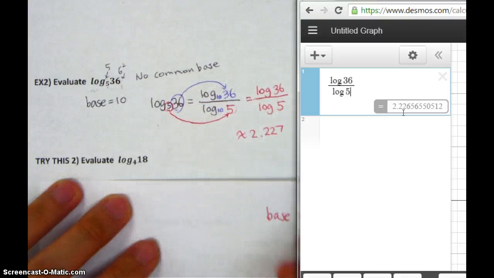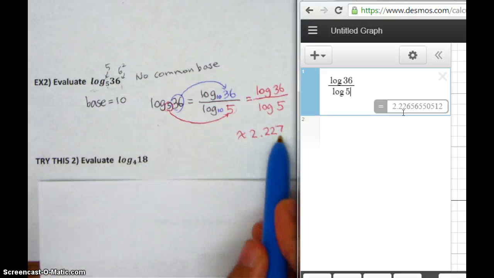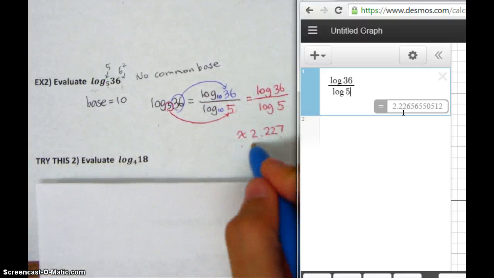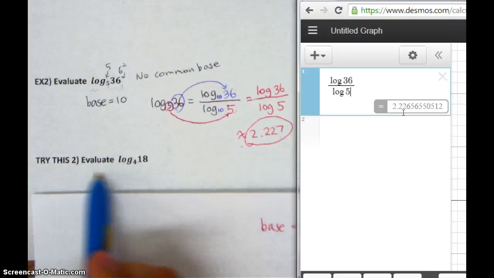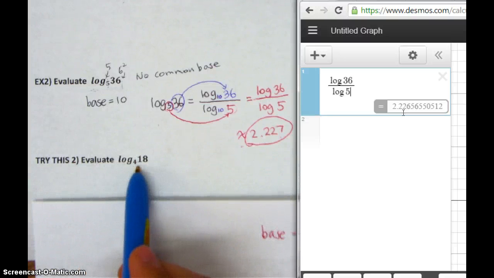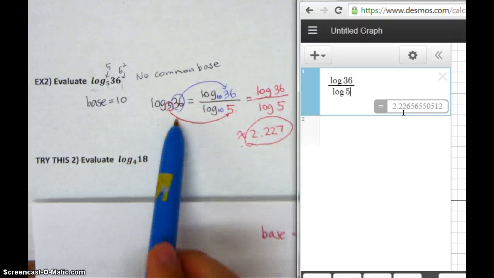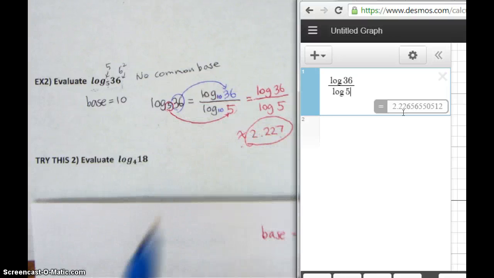Maybe let's round to the third decimal place. So that would be the approximation. So for the next try this problem 2, you will have to use a calculator because there's no such common base. So you will have to convert this to common logarithm like I did, and then calculate the approximation.